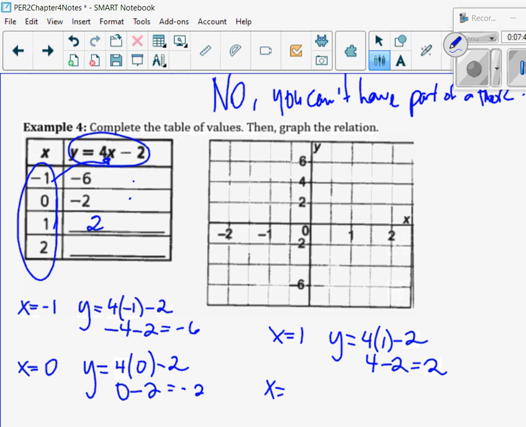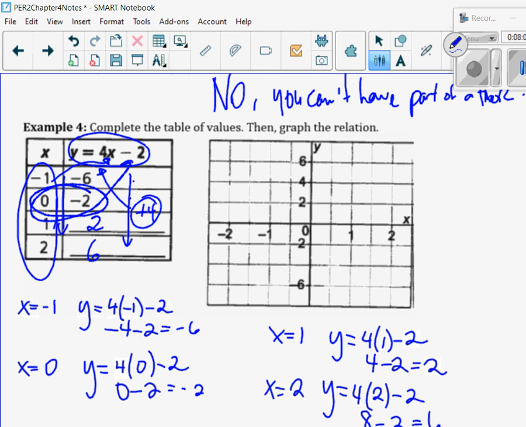When x is 2, y equals 4 times 2 subtract 2, which is 8 subtract 2 gives me 6. Now, notice that the x's are going up by 1, and the y's correspond by going up by 4. Notice that 4 is part of the equation. We knew that from before. And then our starting amount is that -2. It's all relating to each other.